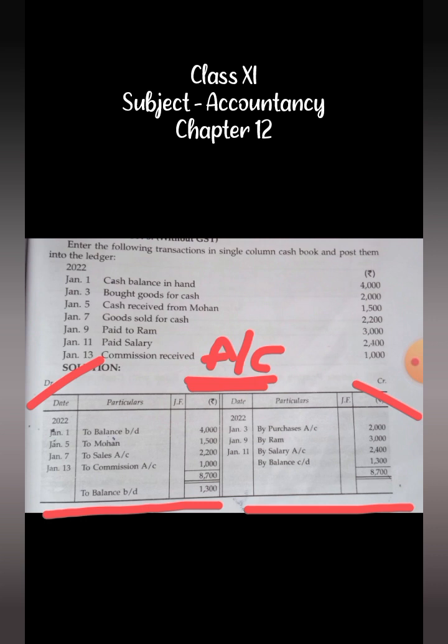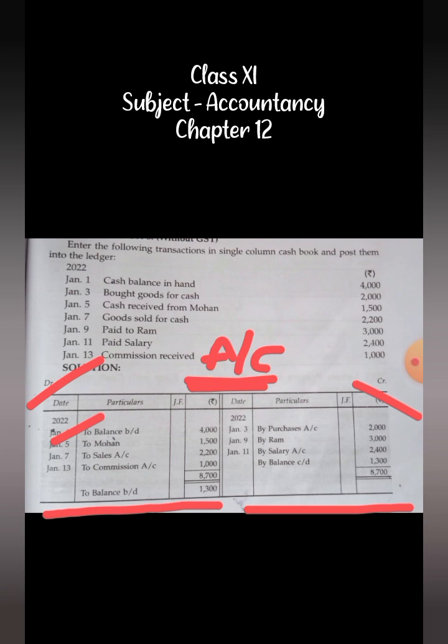Now we have to understand the transactions and post them one by one. On January 1, the transaction is cash balance in hand. That means the opening balance of cash, and we apply the real account rule on cash: what comes in is debit, what goes out is credit. The opening balance of cash is related to an asset, because cash is an asset, so the debit balance is applied here as balance b/d.